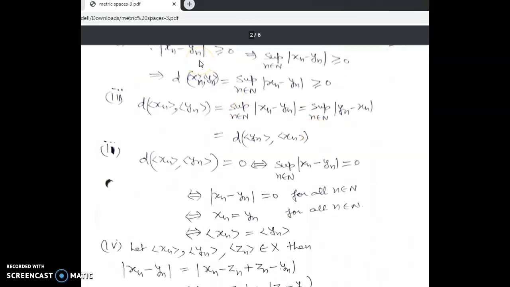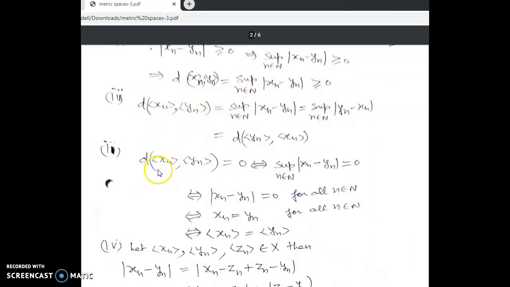The first one: mod of xn minus yn is greater than or equal to 0, being a mod function, and therefore its supremum must also be greater than or equal to 0. Therefore d of (xn, yn), which is equal to this supremum, is also non-negative.